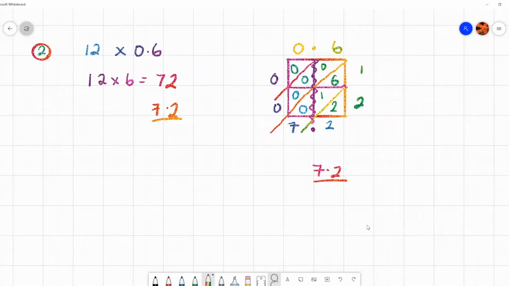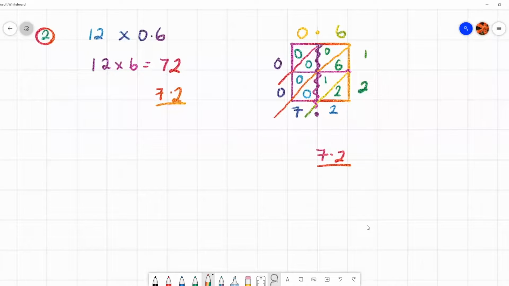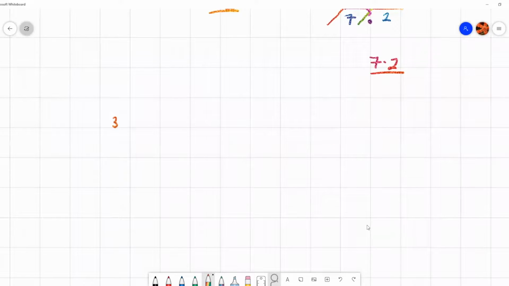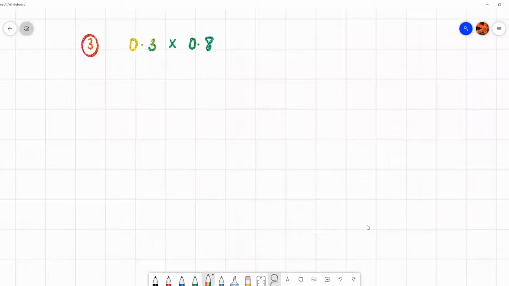Now, you might be thinking, what's going to happen if I have two numbers which are between 0 and 1, so two decimals that are between 0 and 1, and you have to times them together? So you may also have a situation like this. I'm just going to say 0.3 times by 0.8. And you can see that both of these numbers are between 0 and 1.